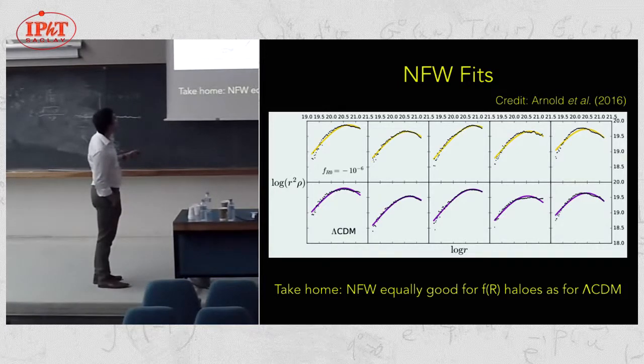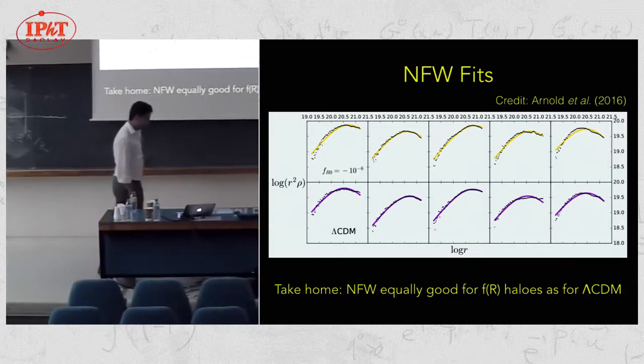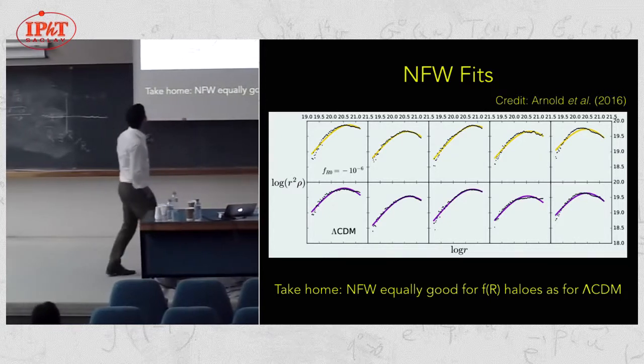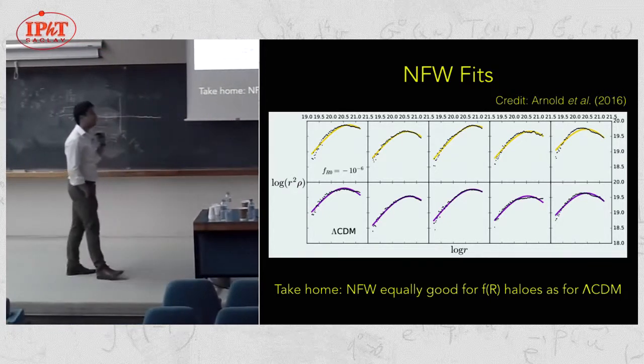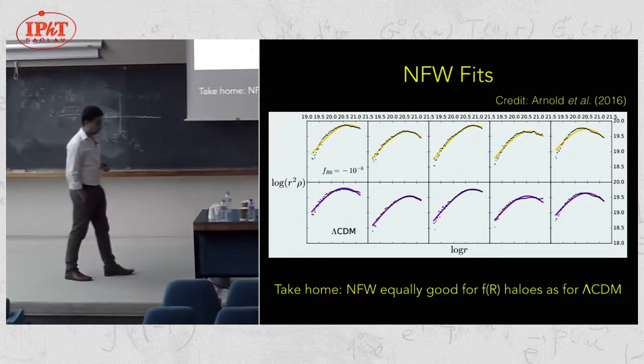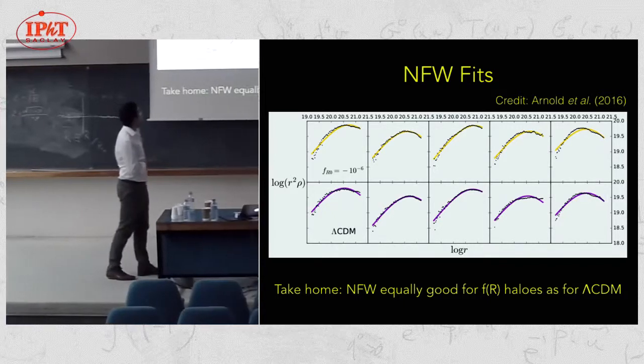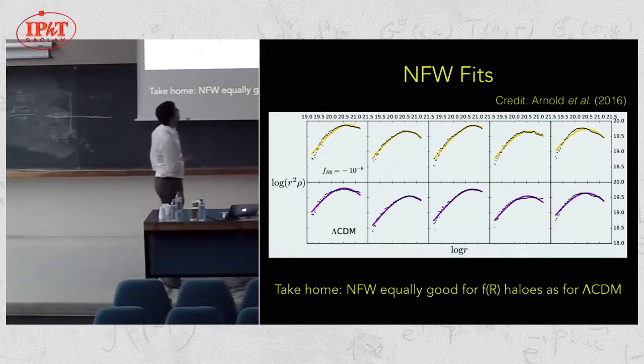So what these plots are: starting from the same initial conditions, Christian Arnold simulated dark matter only halos under lambda CDM and under F of R gravity. And so these are full F of R simulations. What we observe is that in both cases, the dark matter halos you get are reasonably well fit by NFW profiles.